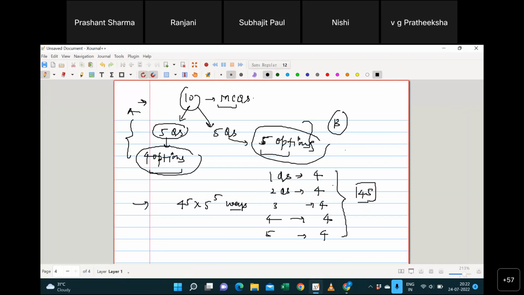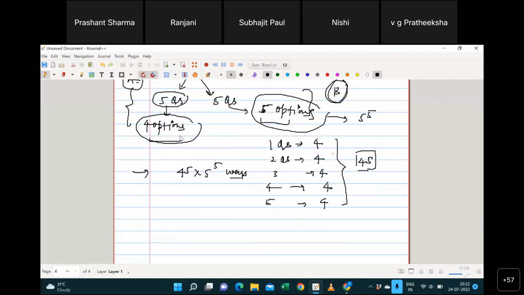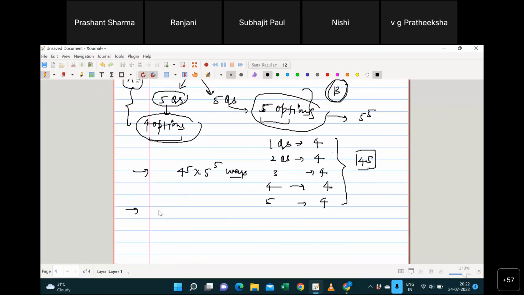For B, similarly, 5 raised to power 5. Now we have to find the possible occurrences for A and B, because we have to consider all 10 questions. For A and B, how many ways can we do it? N1 into N2, where N1 is 4 raised to power 5 and N2 is 5 raised to 5. So this is the total number of ways.